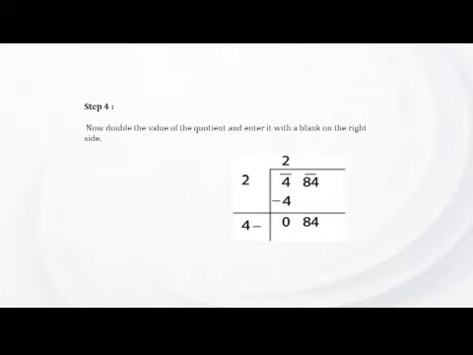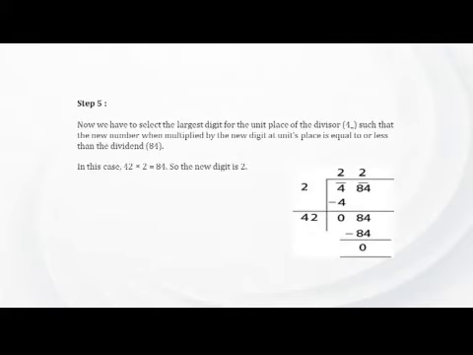Step 4. Now, double the value of the quotient and enter it with a blank on the right side. Step 5. Now, we have to select the largest digit for the unit place of the divisor, that is 4, such that the new number multiplied by the new digit at units place is equal to or less than the dividend, that is 84.